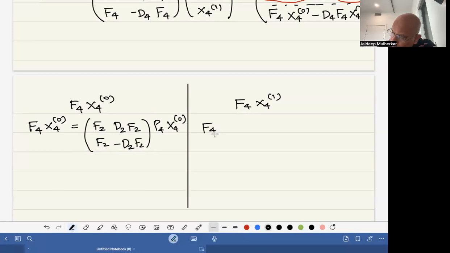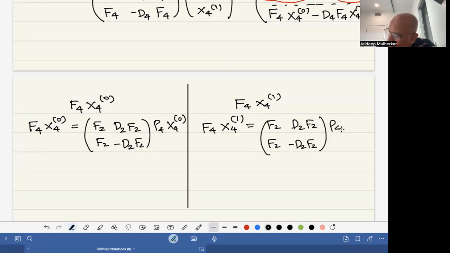Similarly, F4 x4 of 1 is equal to the same block matrix applied to P4 x4 of 1.